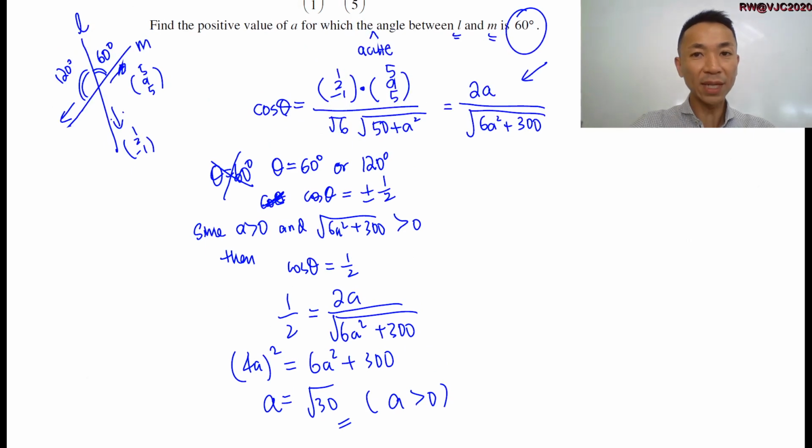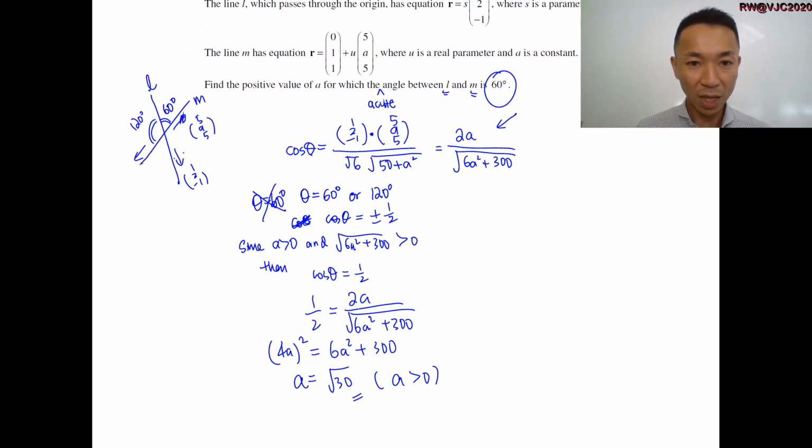So I just want to emphasize one more time that you must include this idea that theta must be 60 or 120 because of this case. Please copy it down, please note it down. If you are unsure, then we'll go through it one more time. Okay? Thanks.